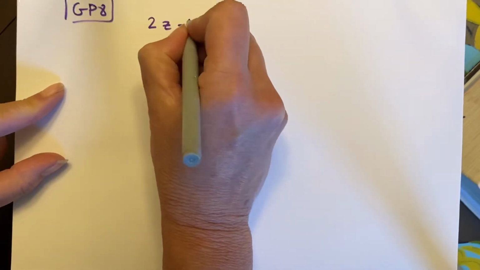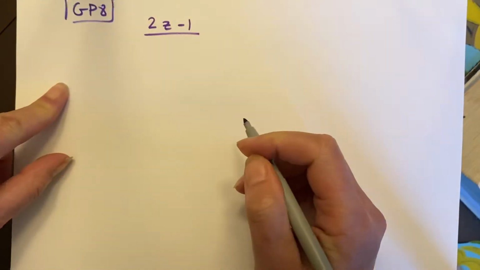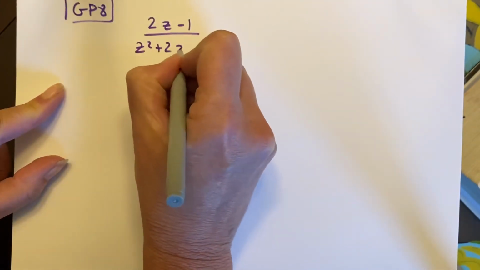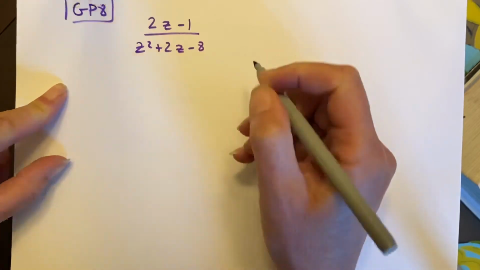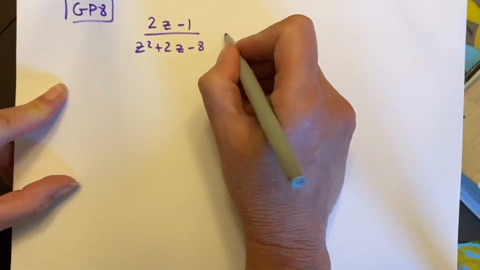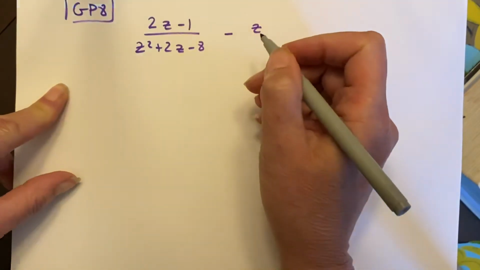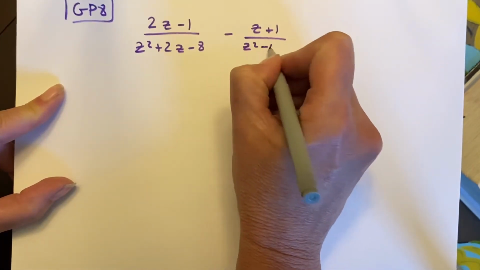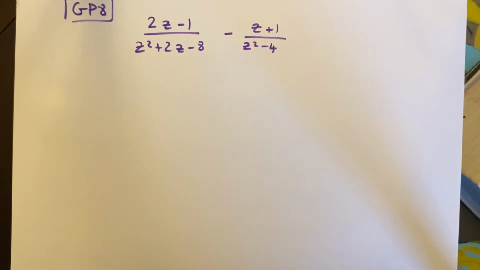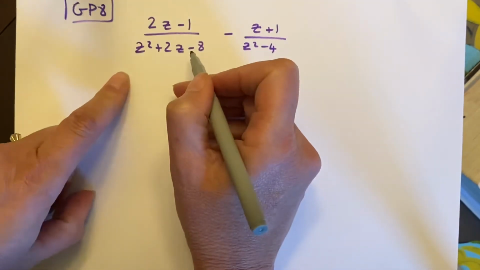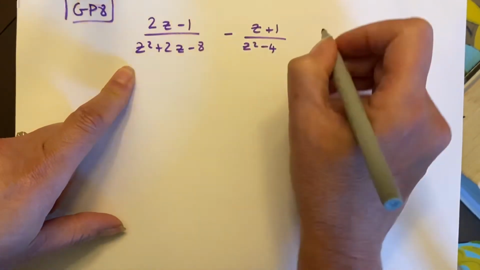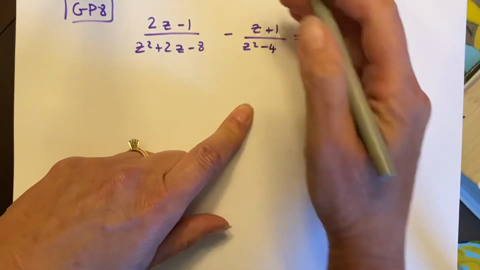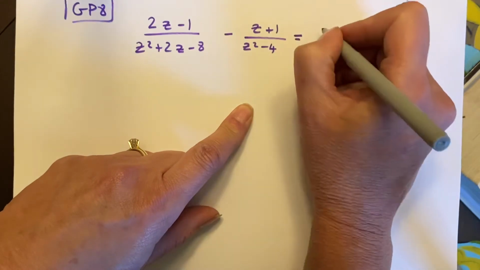2z minus 1 over z squared plus 2z minus 8 minus z plus 1 over z squared minus 4. This is going to be multi-step because to even come up with the least common denominator, I have to factor both these on the bottom. I'm going to do this on the right because this could be a long problem and I may need the whole page.